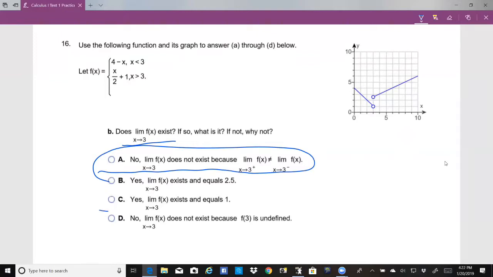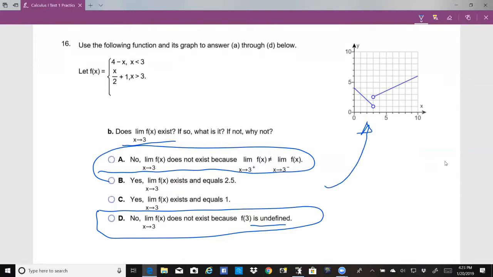And notice the answer D saying no, that it does not exist because f of 3 is undefined. Having f at 3 to be defined is not a requirement for having a limit or not having a limit. What you have to do is look carefully at the graph and decide whether the left hand and the right hand limits agree.